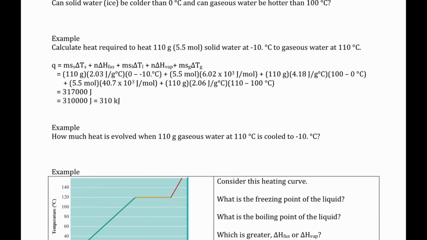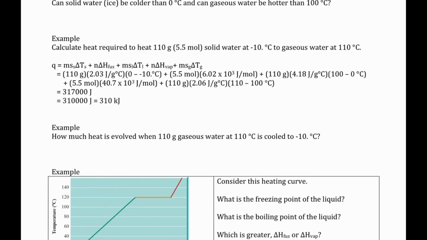So putting in our numbers, we have 110 grams times 2.03 joules per gram degree Celsius times T final, 0, minus T initial, -10 degrees Celsius, plus 5.5 moles times 6.02 times 10 to the third joules per mole, plus 110 grams times 4.18 joules per gram degree Celsius times T final, 100, minus T initial, 0 degrees Celsius, plus 5.5 moles times 40.7 times 10 to the third joules per mole, plus 110 grams times 2.06 joules per gram degree Celsius times T final, 110, minus T initial, 100 degrees Celsius.